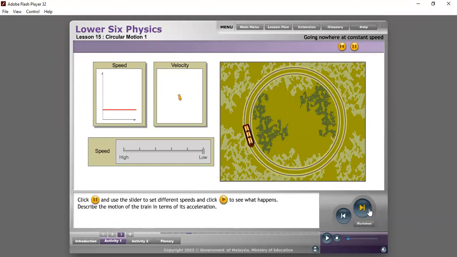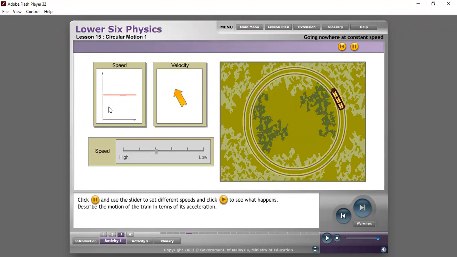Click the pause button and use the slider to set different speeds and click play to see what happens. Describe the motion of the train in terms of its acceleration. Now I increase the speed a bit and see what happened. The size becomes bigger, right?